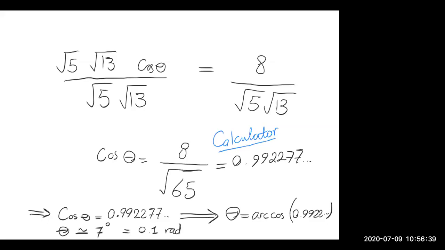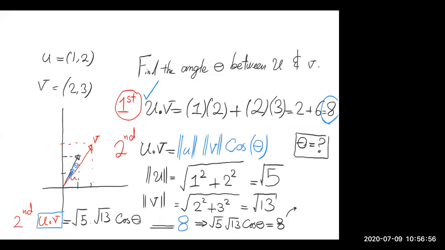It really doesn't matter. It's something around 7 degrees. So the point is that using this method, we can compute the angle between vectors. So if we go back to the previous page, if you look at this theta here, you can guess it should be a very small angle, and the angle is actually something around 7 degrees. It's a very, very small angle.